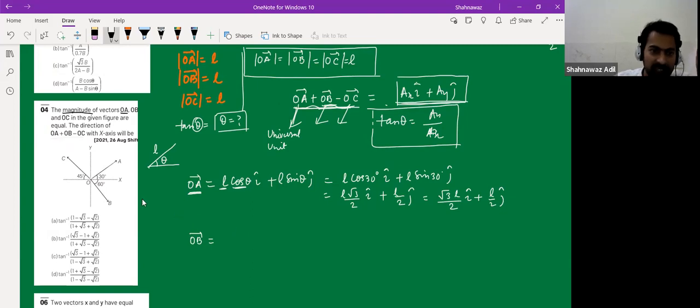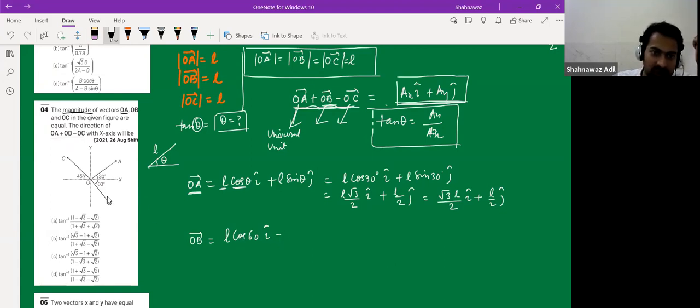So what would be OB here? L cos 60 I cap plus L sin 60 J cap. Would that be minus or plus?